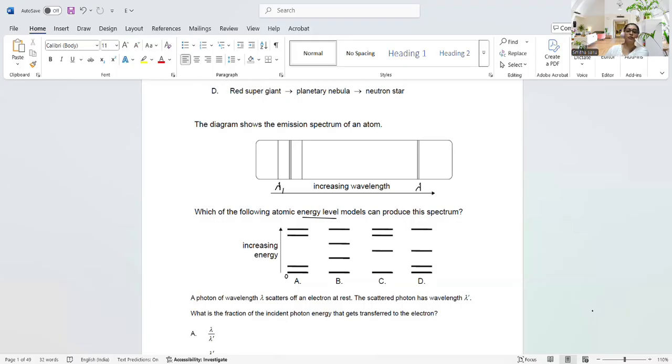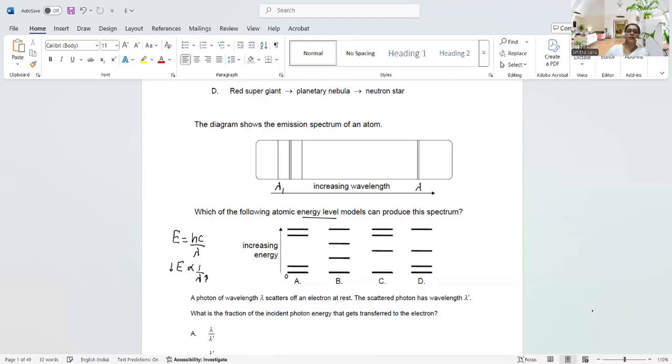We also know that E, the energy, is equal to hc over lambda, which tells you that energy is proportional to 1 over lambda. That is, if energy is decreasing, it means wavelength has to increase.